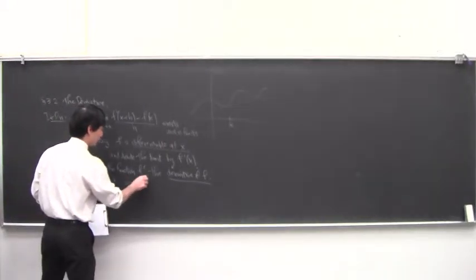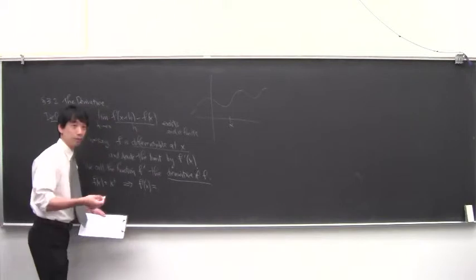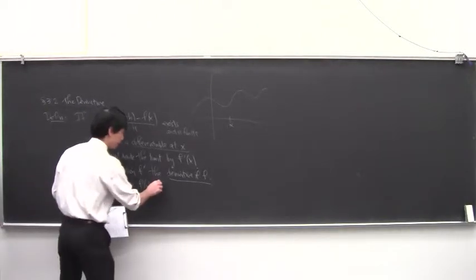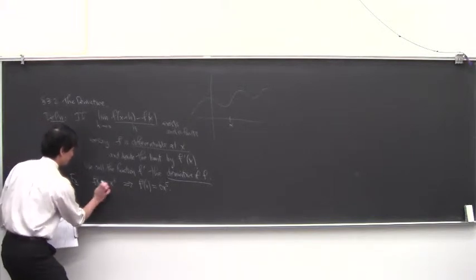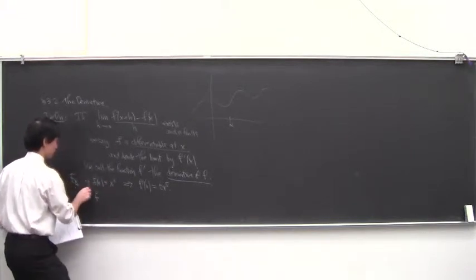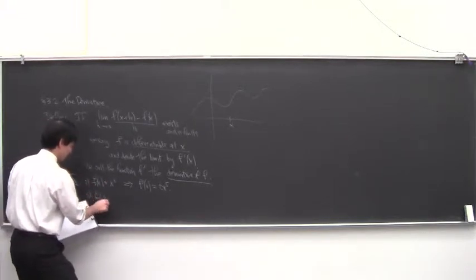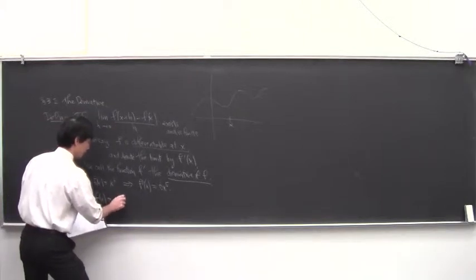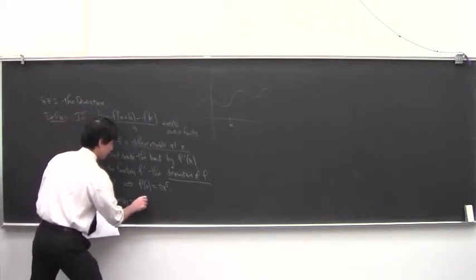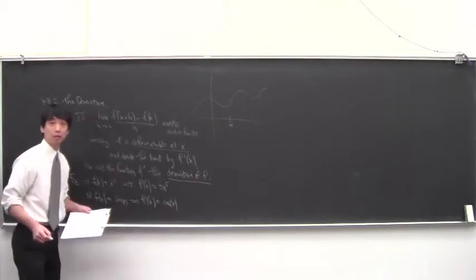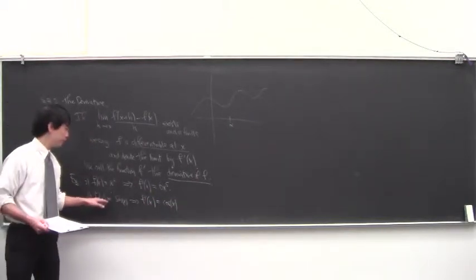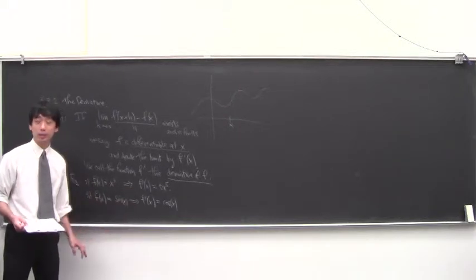So for example, last time we saw if f of x was x to the sixth, then f prime x turned out to be 6x to the fifth. We also saw that if f of x was the sine function, then f prime x turned out to be the cosine function. The derivative of the sine turned out to be the cosine.